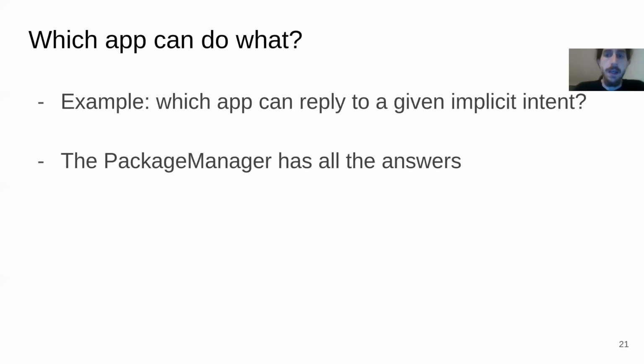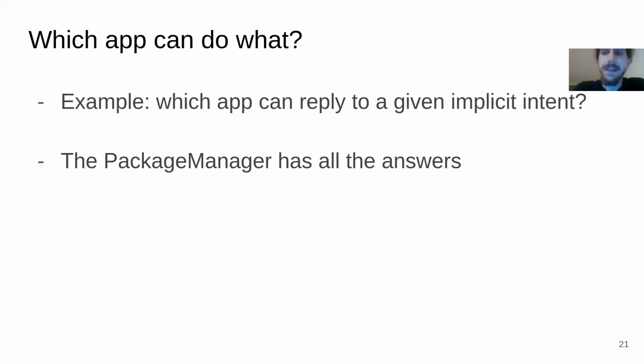All right. Another thing I want to clarify is, let's say that you have an app and you want to send an implicit intent. Let's say that you have the question, which app can reply to this implicit intent? Okay, so let's say you create the implicit intent of action view.